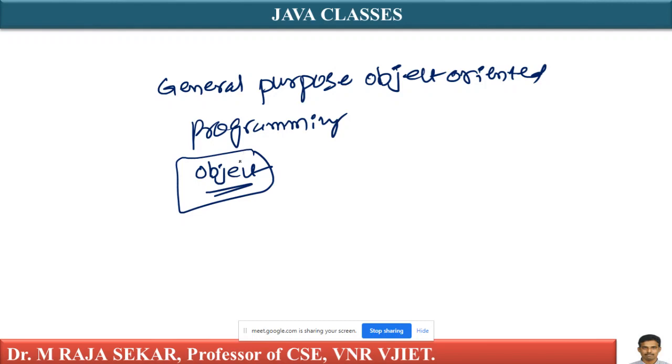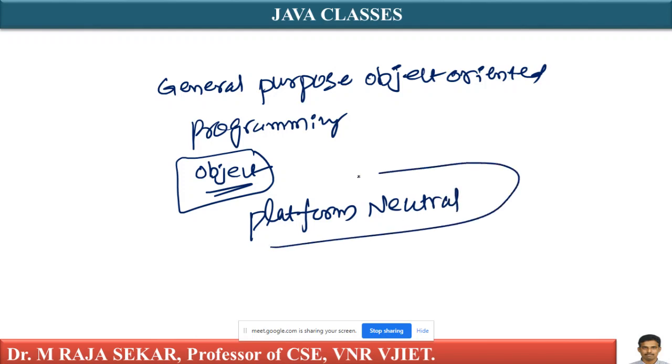The most important feature of Java is that it is platform neutral. What is a platform neutral language? We will try to understand after a few minutes. This is a unique feature of the Java programming language.